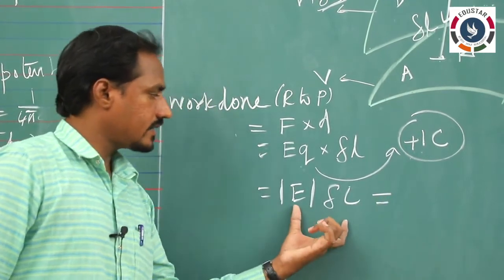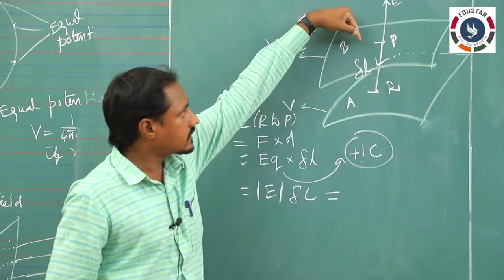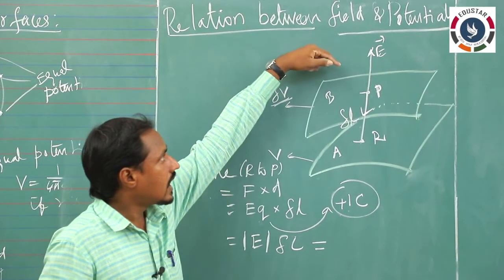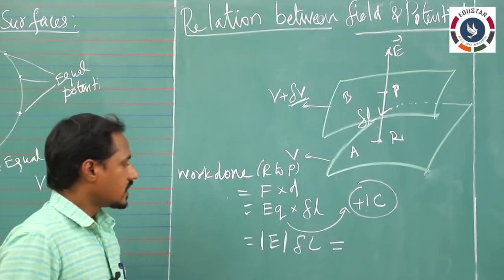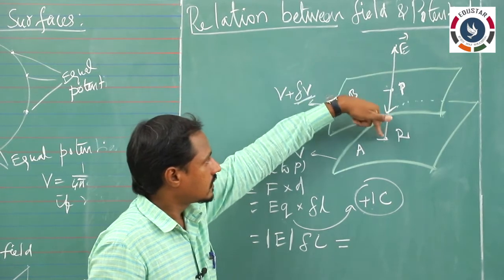This is the work done for bringing a unit positive charge from P to R, that is from surface B to A, both equipotential surfaces, against the electrostatic field E, which is equal to the potential difference between these two points.